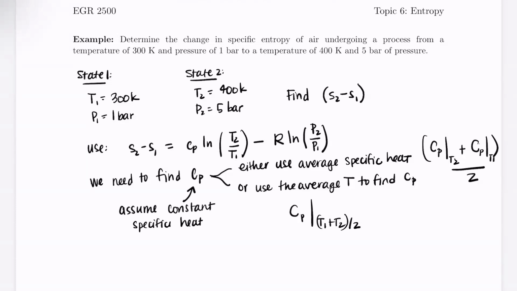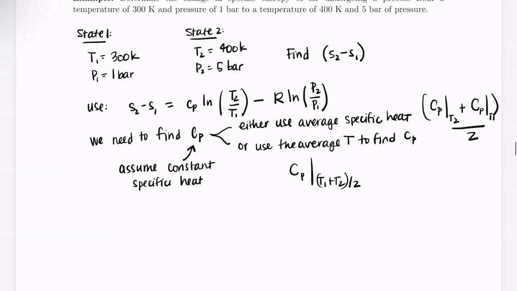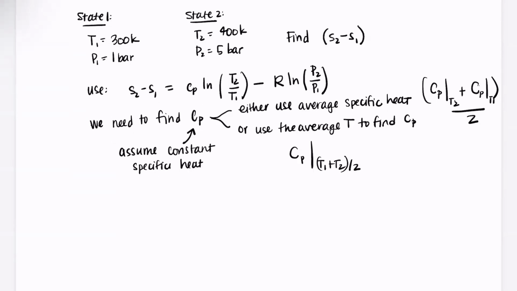Since our temperature difference is 100 K, that's a reasonable enough difference in temperature that we can assume that CP is not going to change dramatically. So we'll use constant specific heat, and we can calculate it using one of these two methods. Both of these will come from table A2.